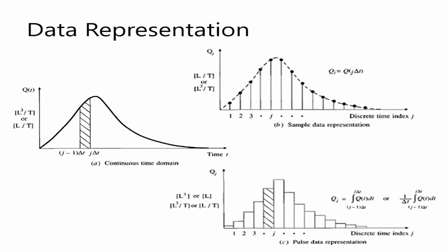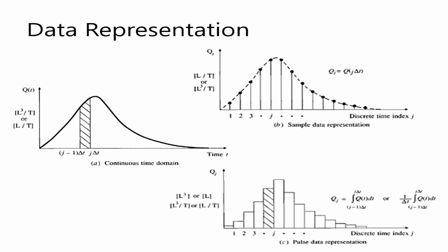When we plot that with respect to time, it is a continuous curve. When we use this in mathematical modeling, we cannot write this curve as a function. It would be a very complicated function if we represented it by a function. Rather, what we can do is present this in a discrete form for solving.